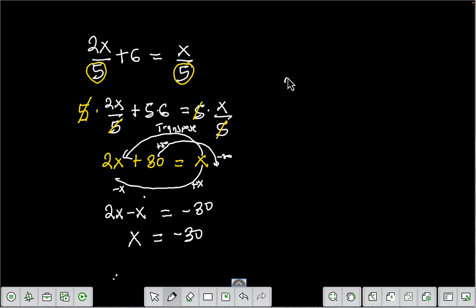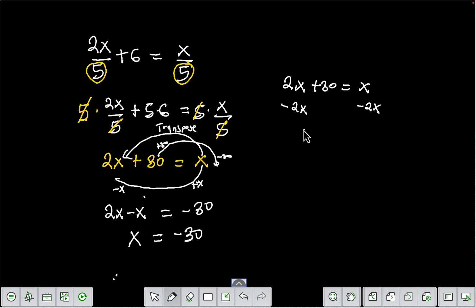Alternatively, we could have said that when we have 2x plus 30 equals x, we could apply the subtraction property of equality by subtracting 2x from this side and subtracting 2x from this side.